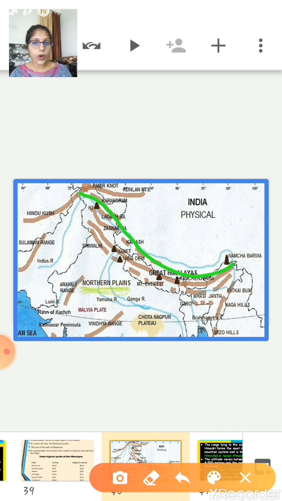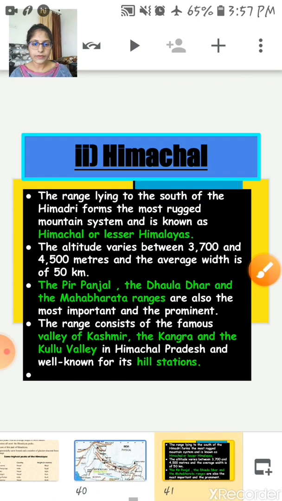Okay, now just move on to the next one. Just below the Greater Himalaya, the next range is the Lesser Himalaya or Himachal. So the second range is the Himachal range. This range lies towards the south of the Greater Himalaya.